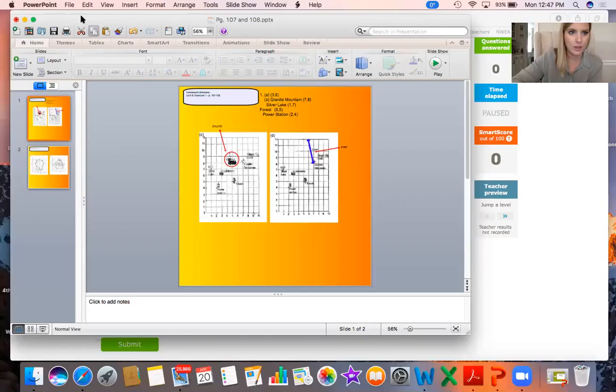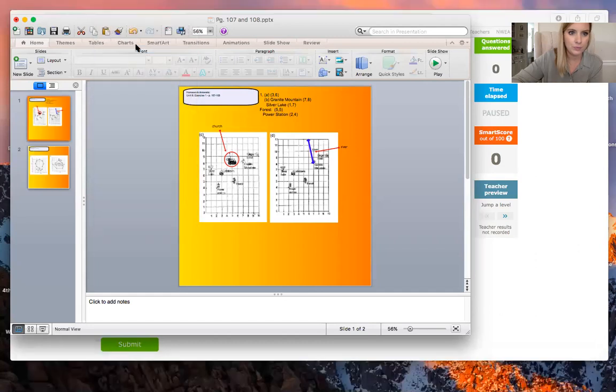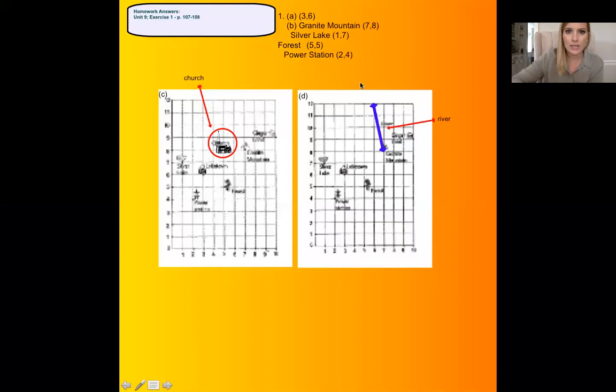Okay, I'm going to share my screen with you all. All right, so take a few moments, pause, work on page 107, and when you're done, you can press play again. Page 107 and 108, excuse me, and I will reveal the answers to you. So pause, work on the pages, and then click play.